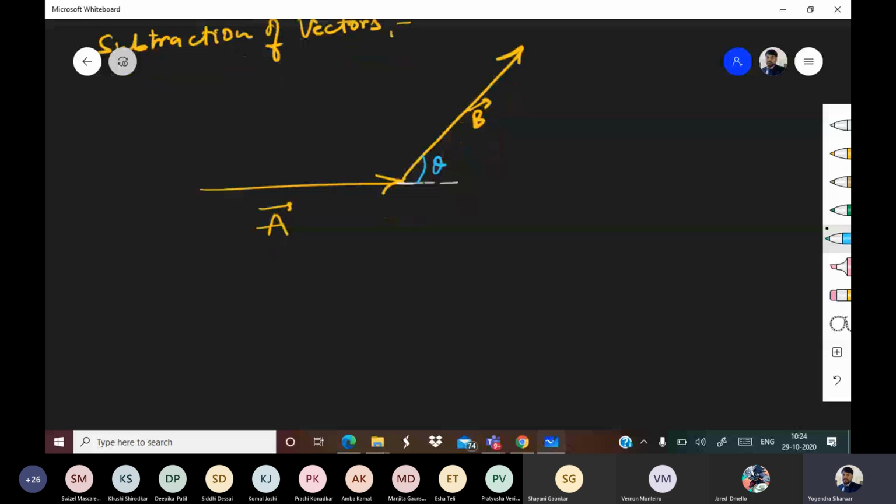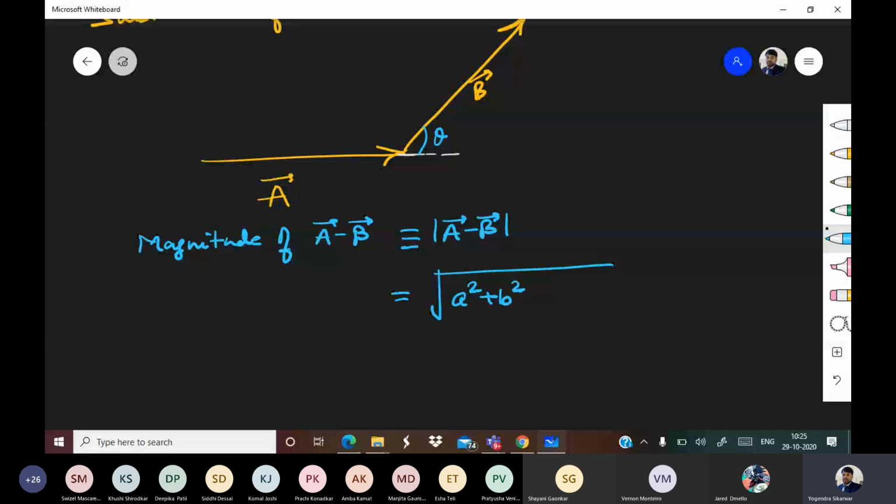So the magnitude of A vector minus B vector will be equal to under the root of A square plus B square minus 2AB cos theta. Please note.